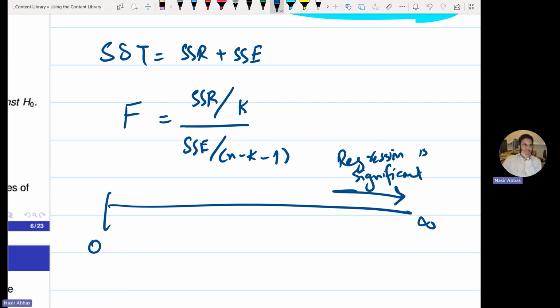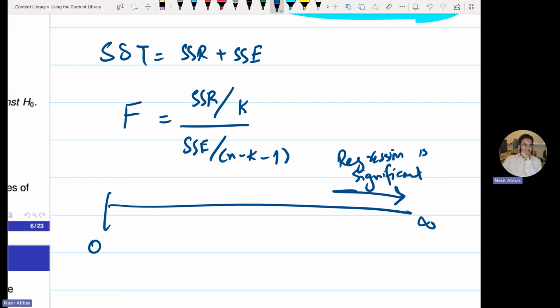Let's talk about the other extreme. If your regression is insignificant, what will happen to SSR? 0. What will happen to SSE? SSE will not go to infinity, it will go close to SST because the upper limit for it is SST. The total variation is SST. Total variation is not infinity. Total is fixed. So SSE will go to SST.